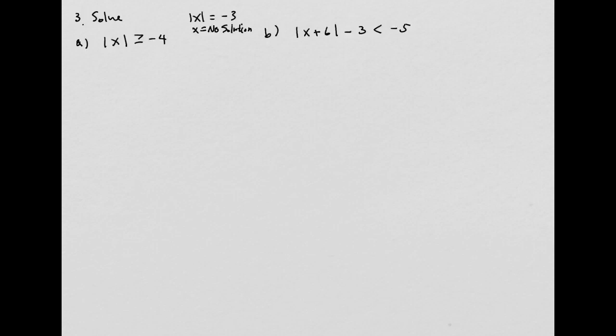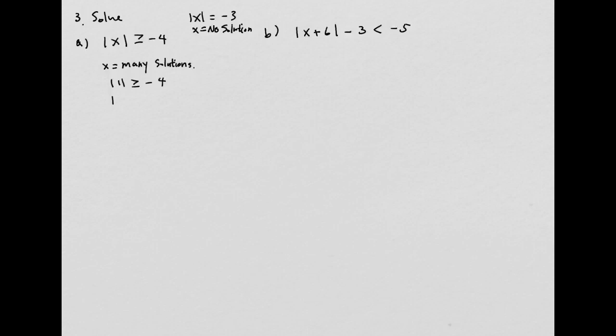For the same reason, when it says absolute value of x is greater than or equal to negative 4, you will say this time x will have many solutions. The reason is because, like I said, absolute values have to be positive, never negative. So no matter what x I use, this statement will always be true. For example, if I do absolute value of 1, that is greater than negative 4.